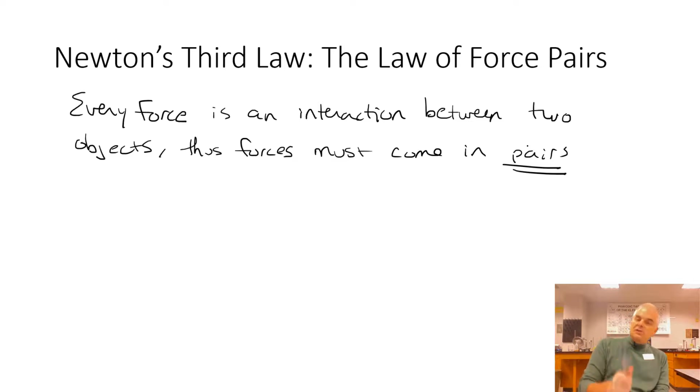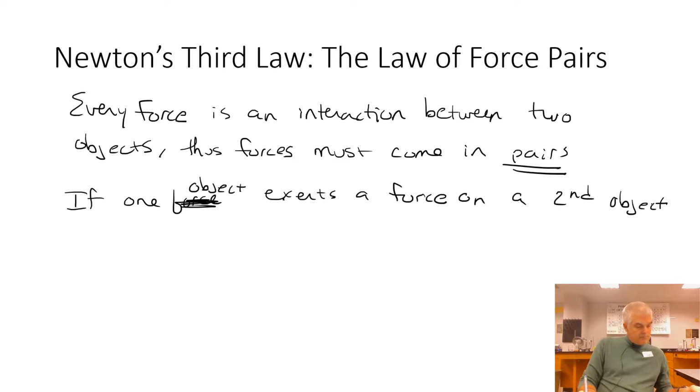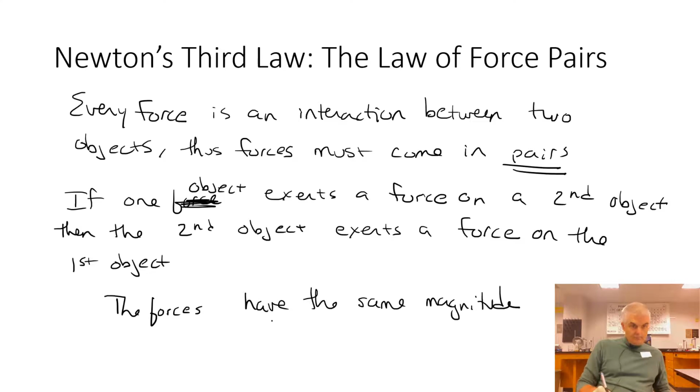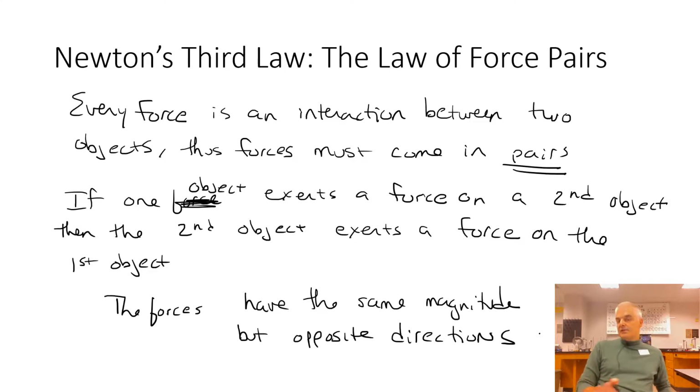Thus, forces must come in pairs. If one object exerts a force on a second object, then the second object exerts a force on the first object. And here's the kicker: the forces have the same magnitude, that means they're equal, but they're opposite in terms of their directions.